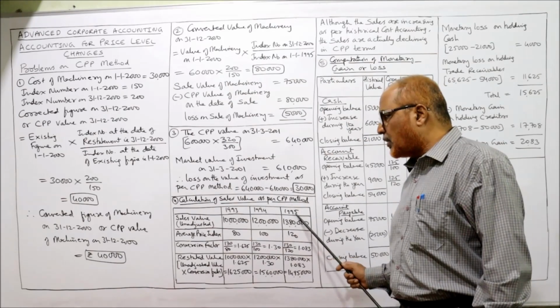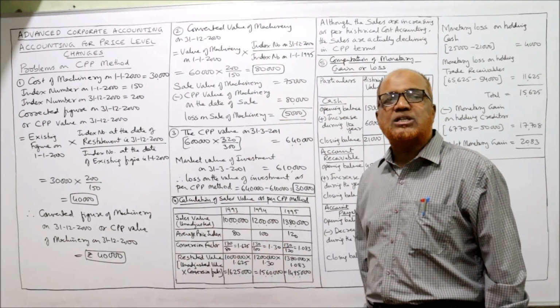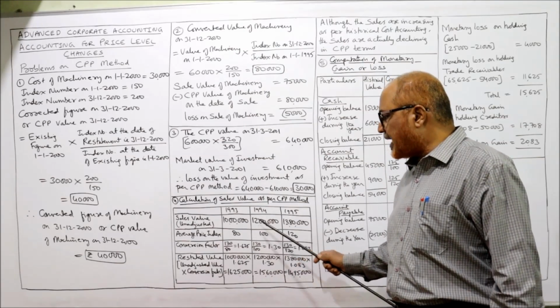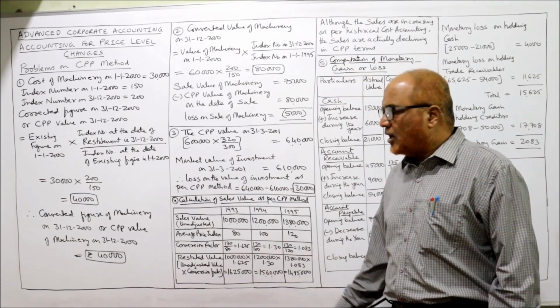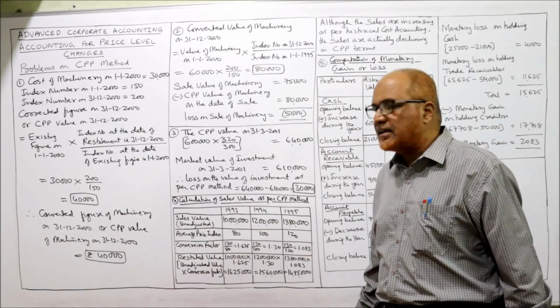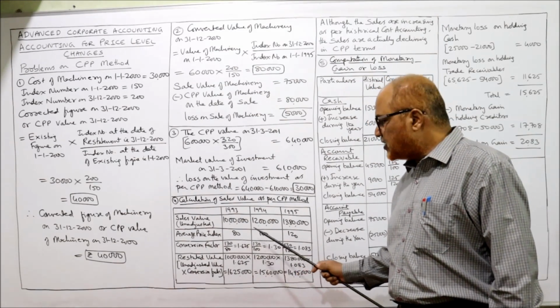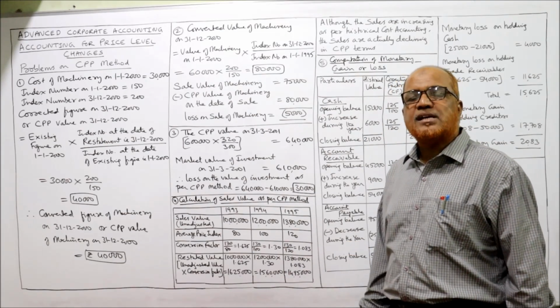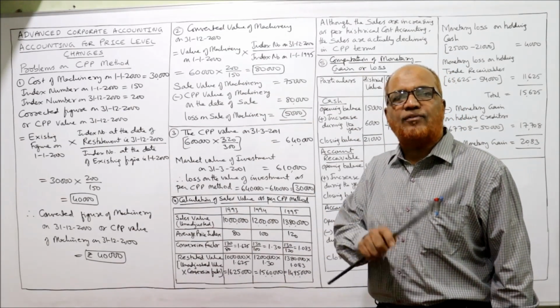Unadjusted means historical. Historical sales are 10 lakh, 12 lakh, 13 lakh 80,000. Now the conversion: the average price index for 1993 is 80, 94 is 100, 95 is 120.